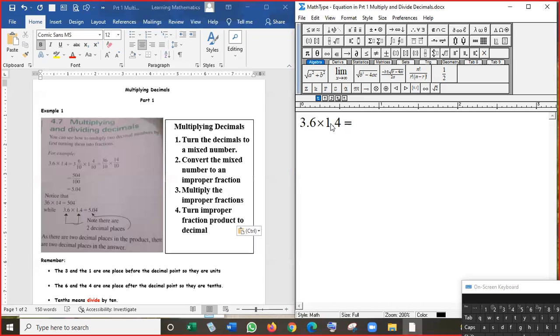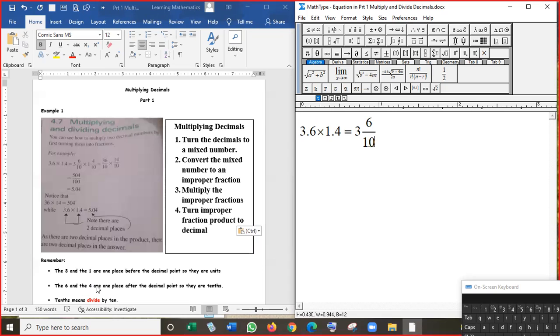Now remember, the 3 and the 1 are units. So that is 3 units and 6 over 10, because that's 6 tenths. 3 units and 6 tenths. Bear that in mind.